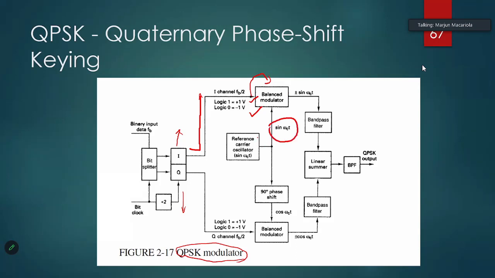Bakit? Si sin omega ct, siya po ang reference carrier oscillator. Okay? So may dalawang possible outputs. So that is positive sin omega ct kapag ang pumasok ay logic 1, which is 1 volt. Pero kapag ang input mo ay logic 0, which is negative 1 volt, ang magiging output po sa balance modulator ay negative sin omega ct. That is why ang output dito ay positive and negative sin omega ct. Nakukuha?